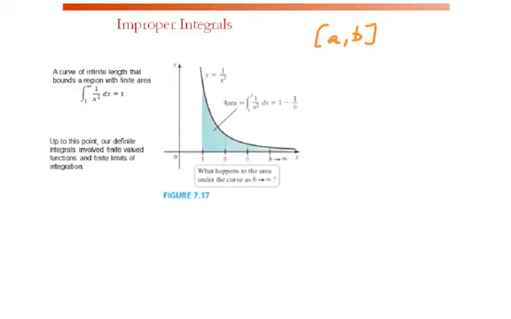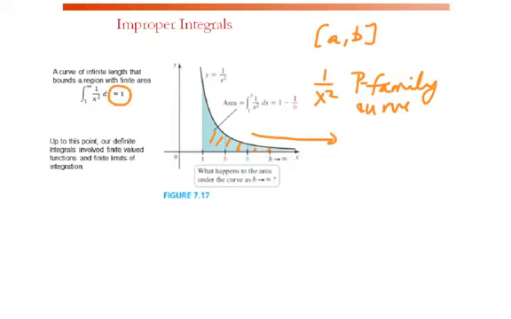In this case, we were looking at the curve 1 over x squared, which is actually a special curve that will be the topic of the second video, and that's the P family. This is a P family curve. And it's a curve of infinite length. It goes on and on and on. Yet the area underneath it is finite. In fact, it's 1. And the second video proves the characteristics of the P family curves.